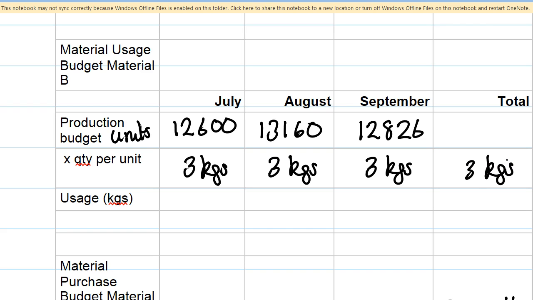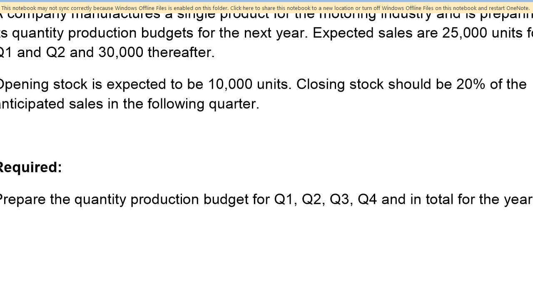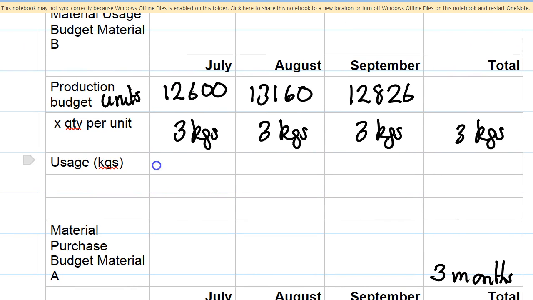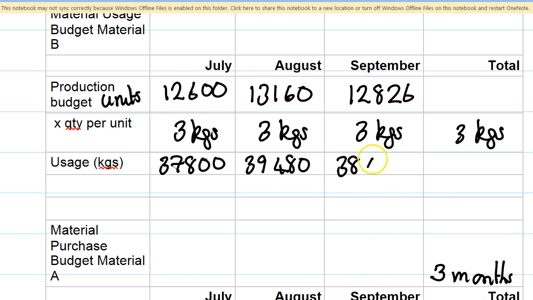I can now multiply it all out. We have 37,800 kilos in July, 39,480 kilos in August, 38,472 kilos in September.